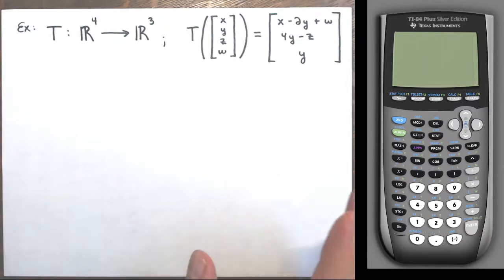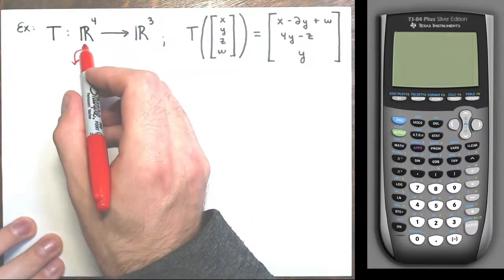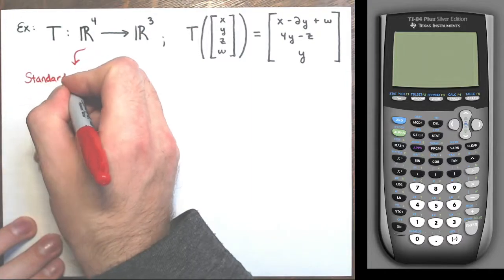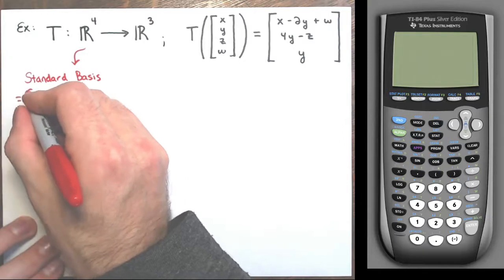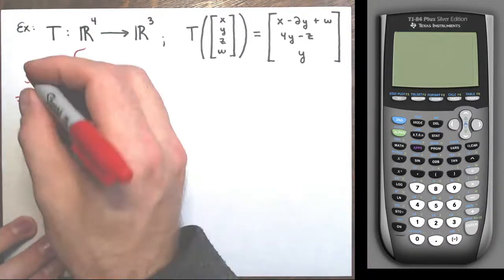All right, but this time I'm going to do it the way we show with the standard basis. So the domain here is R4, and the standard basis for R4 is these 4 vectors, the 4 columns of the 4x4 identity matrix.